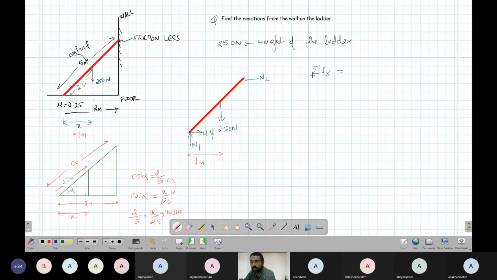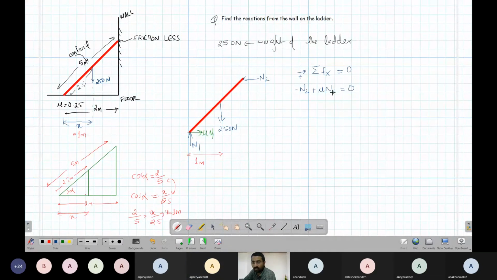Aksar, what is the x directional force? So I'll assume N1 minus 250. N1 in x direction: minus N2 plus mu N1 should be equal to 0.